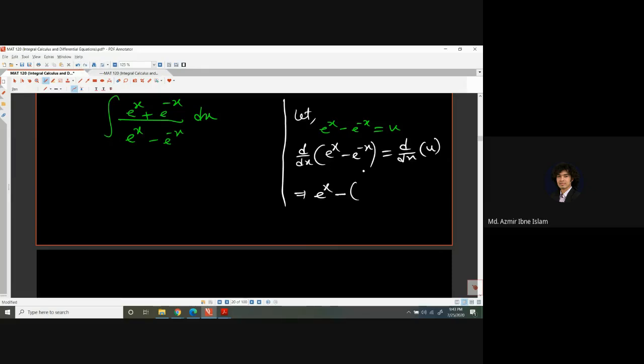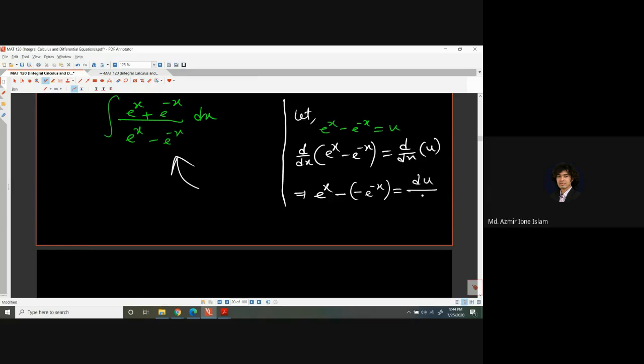There is a negative, and the differentiation of e to the power negative x will be negative e to the power negative x. So every time before solving an indefinite or definite integral, we must know differential calculus. We must recall all the formulas from differential calculus. Okay, so we can't avoid all these things.